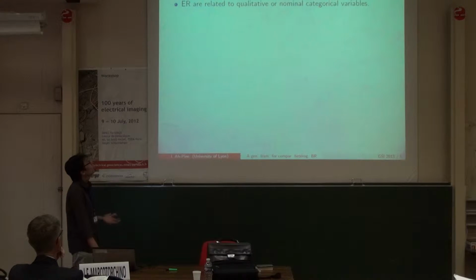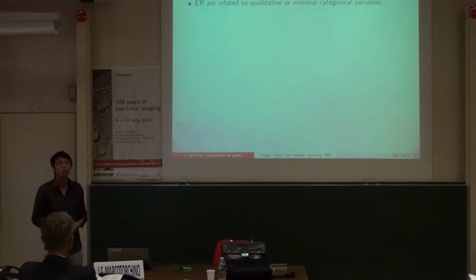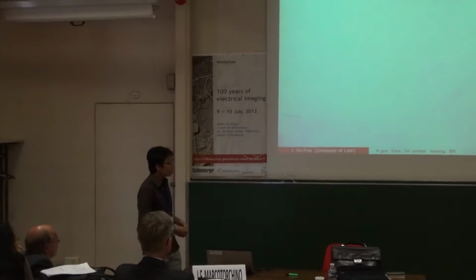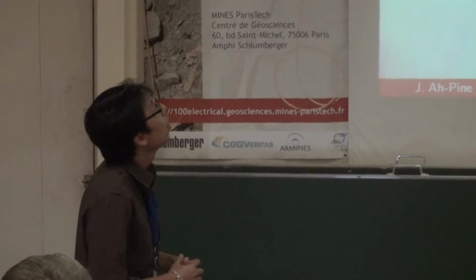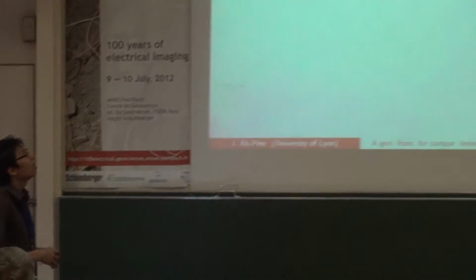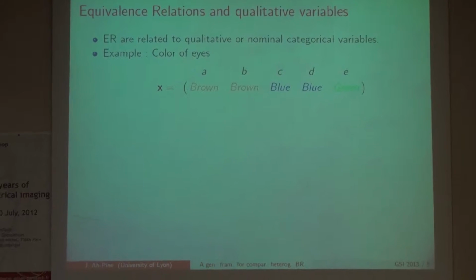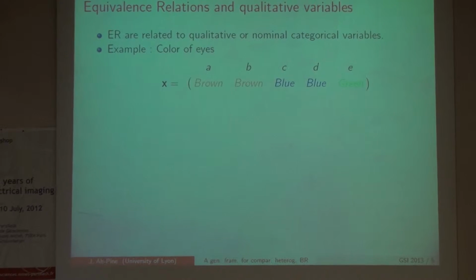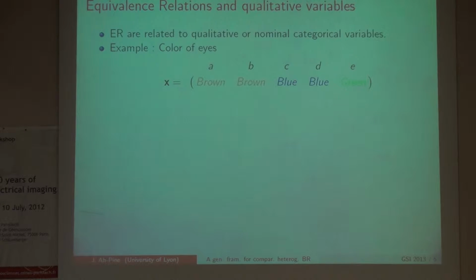But just to give you an illustration of the idea, equivalence relations are related to qualitative variables. Here is an example. If I take the small x as the variable of color of eyes over 5 different items, brown, blue, green, this is a variable of measurement made of qualitative information, and it infers an equivalence relation.